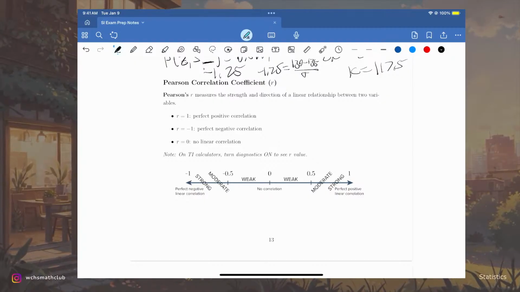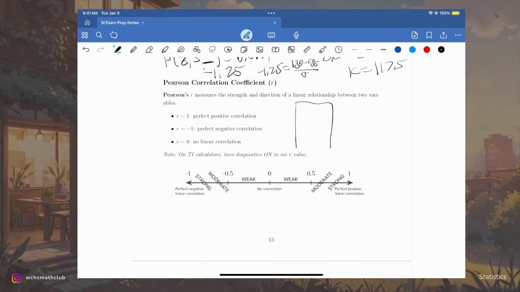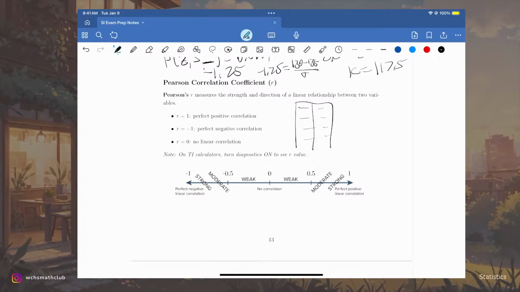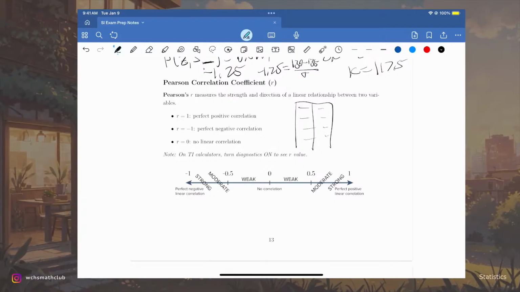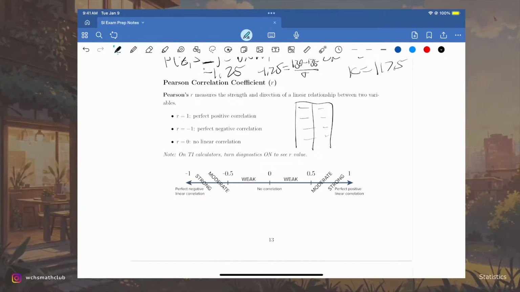So what you want to do is have a table with your data, and then with these two rows you can then on your TI go to stat. You can calculate your two variable stats with the two lists, and it'll give you the correlation coefficient.